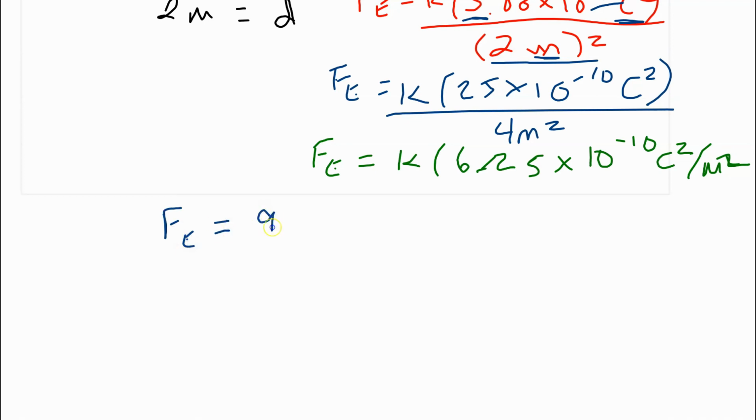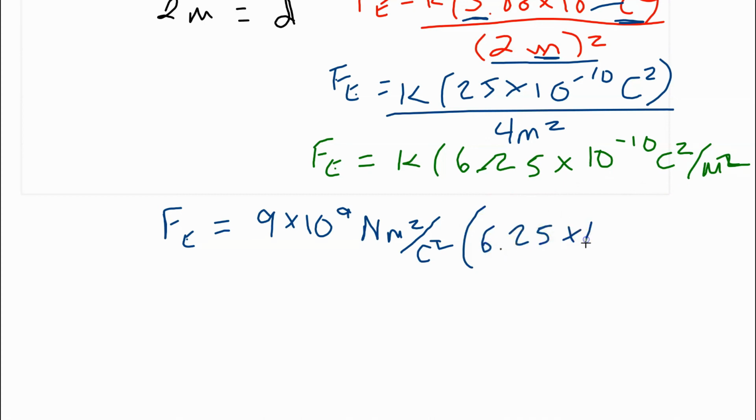K value is 9 times 10 to the 9th newtons meters squared per coulomb squared. That's not a number you need to memorize. It'll be given to you. Multiply by, and I'm just bringing this information down. 6.25 times 10 to the negative 10 coulomb squared per meter squared.